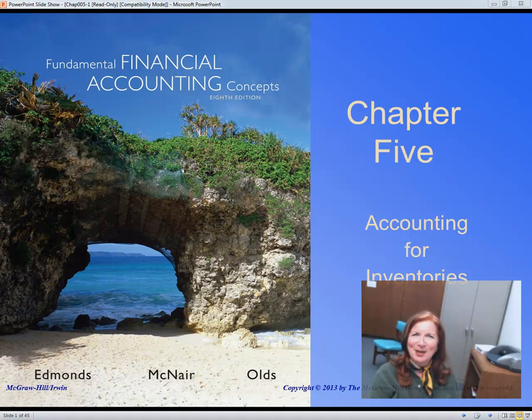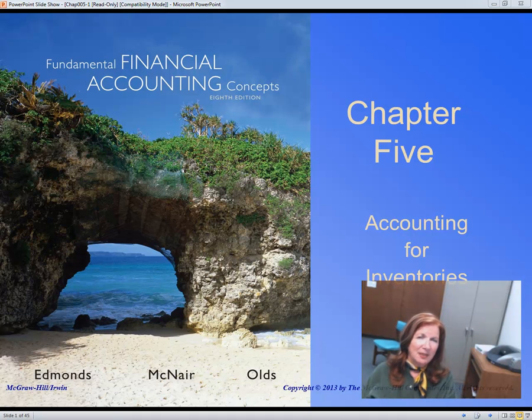Now at page 283, we then have the financial analyst information. And when we look at the financial analyst information, we begin there to talk about the ratios and how people outside the enterprise might use our financial statements to make decisions about our company. They might be investors buying our stocks, investors buying our bonds.